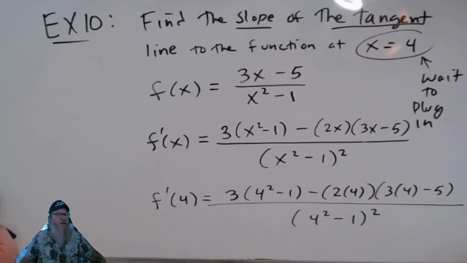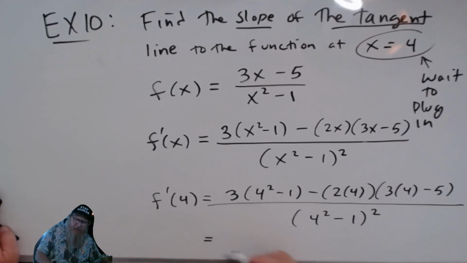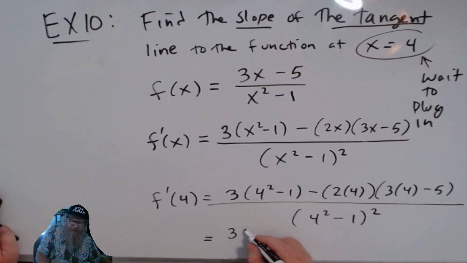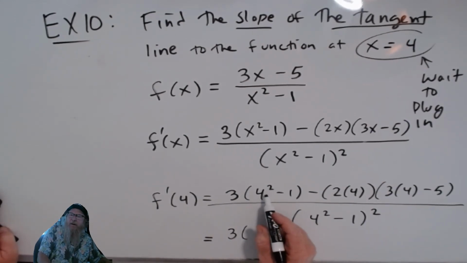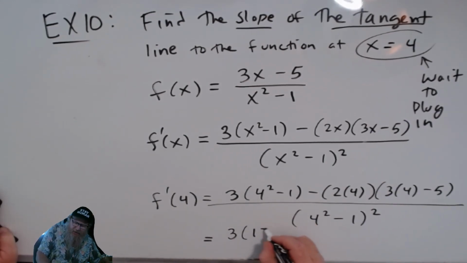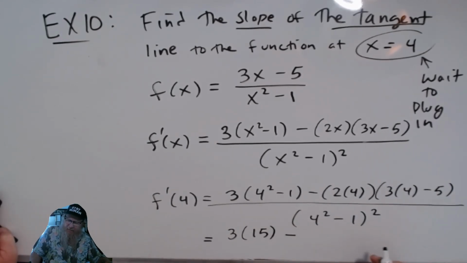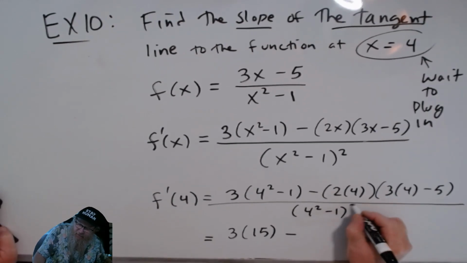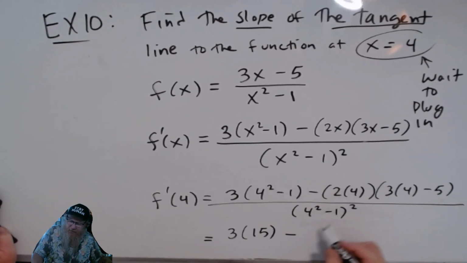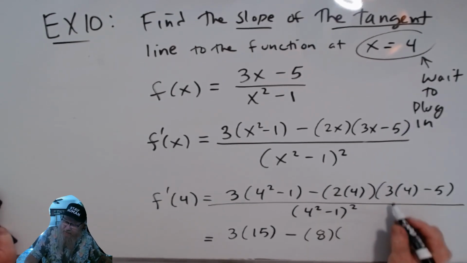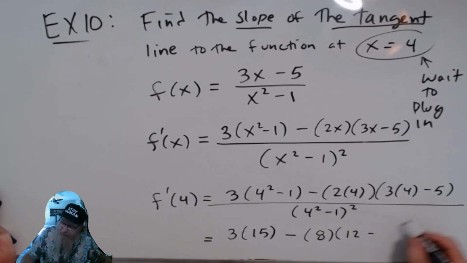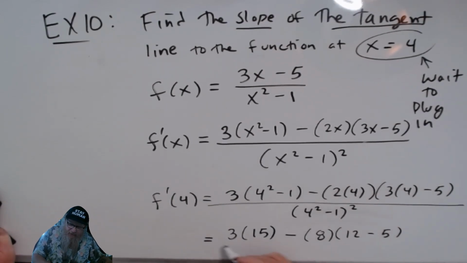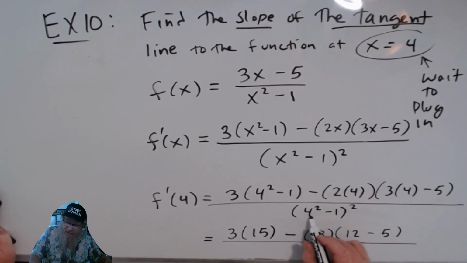And if you want to do this on a calculator, you can. I'm going to try to do it by hand. So 4 squared is 16. 16 minus 1 is 15. 2 times 4 is 8. 3 times 4 is 12. 4 squared is 16. 16 minus 1 is 15.